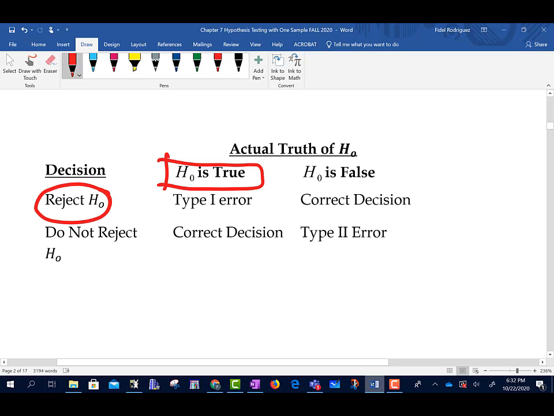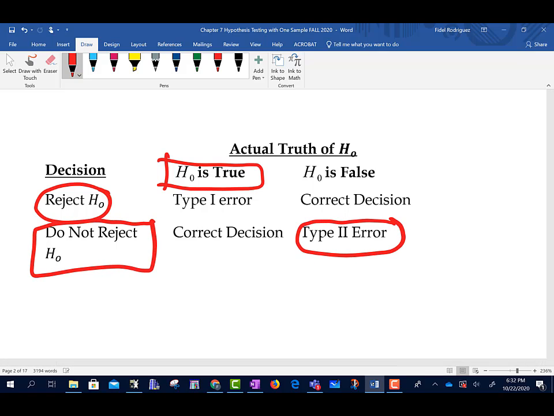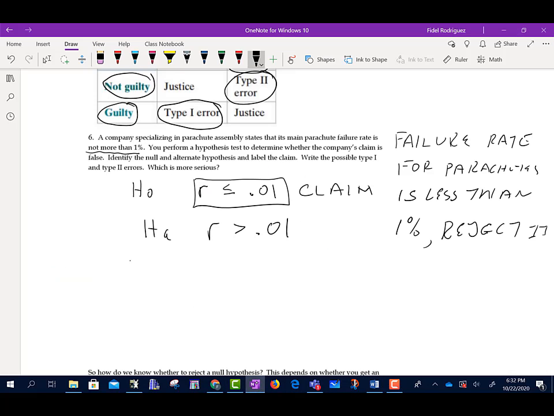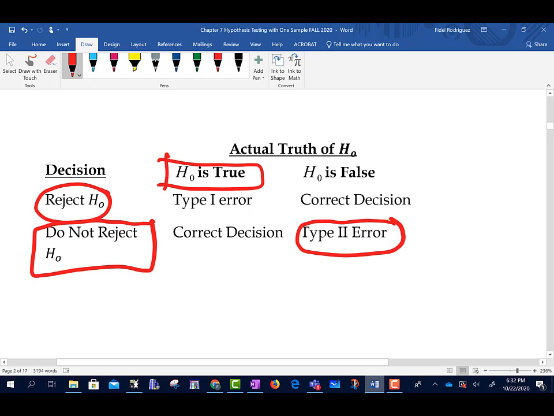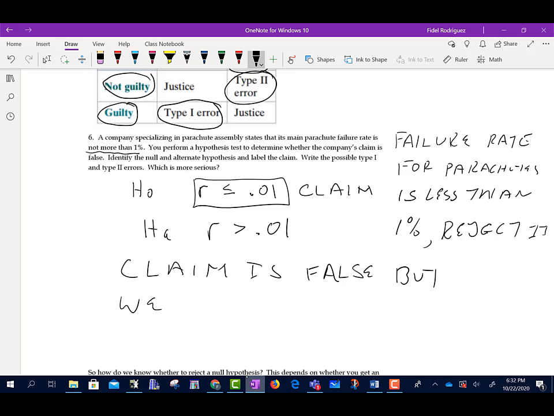A type 2 error is when the claim is actually false, but we do not reject the null.